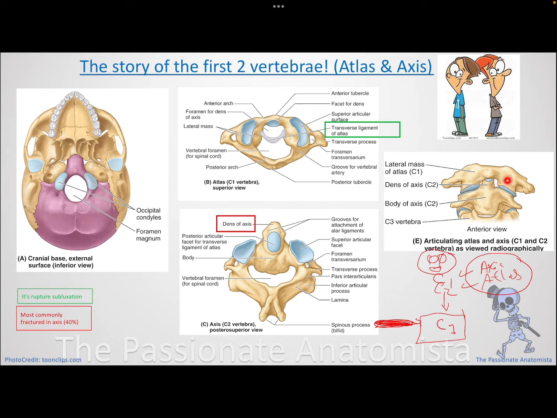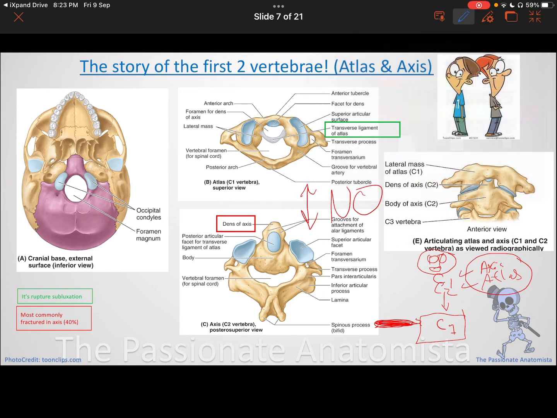However, the atlantoaxial joint is where you rotate your head and say no. So between this and this, you say no. And between this and this, you say yes in all languages, which is the nodding function and the side flexion of your head. However, the no function is by rotating your head.